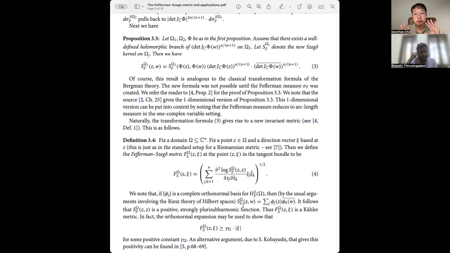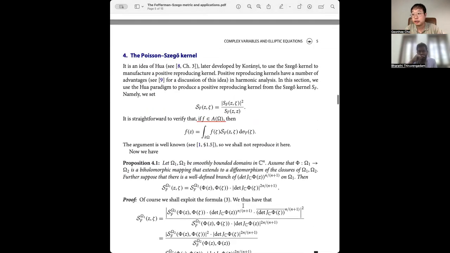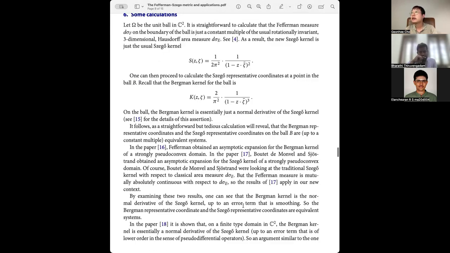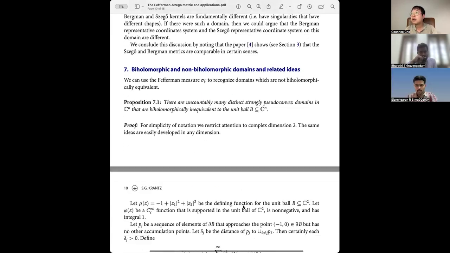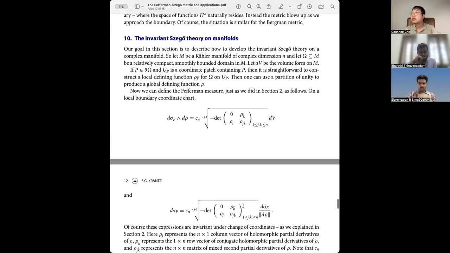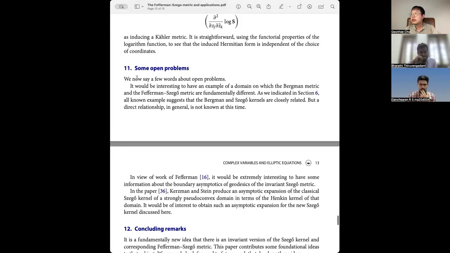Let me skip explaining the definition for a moment and jump directly to the open question. If you look at this part, it says we still do not know an example of a domain for which the Bergman metric and the Szegő metric are fundamentally different.